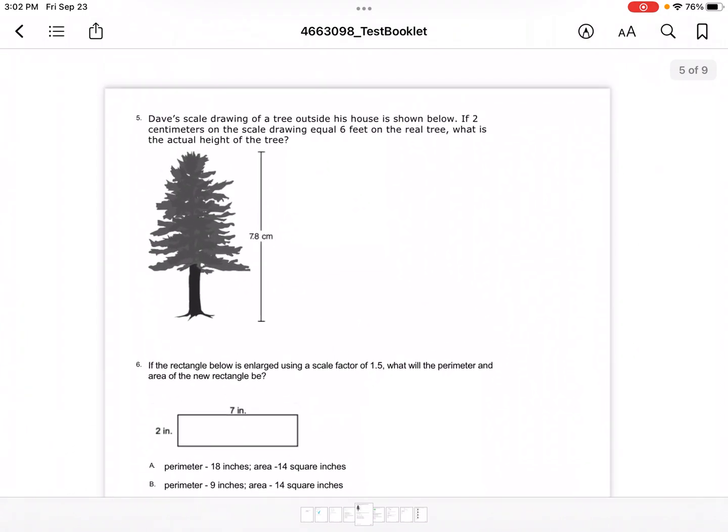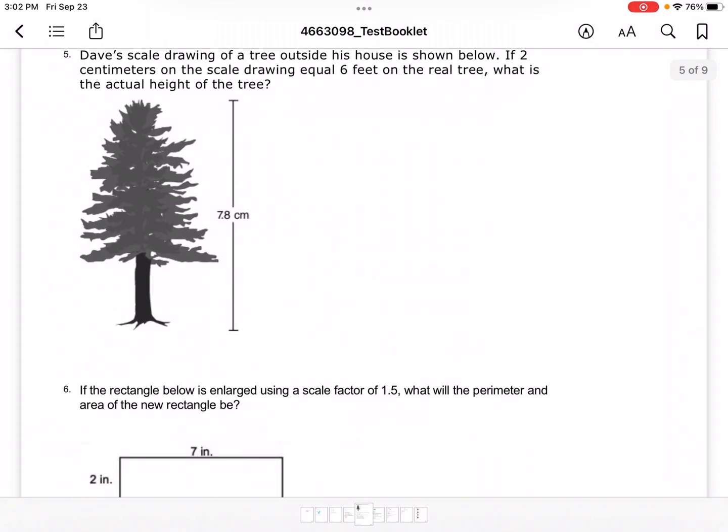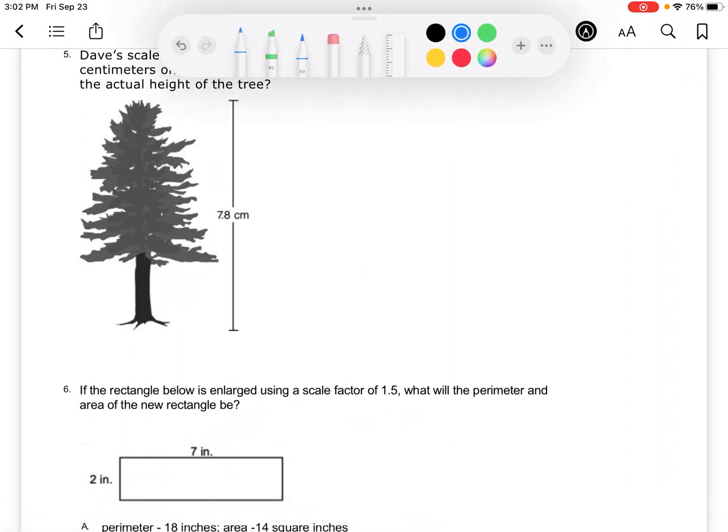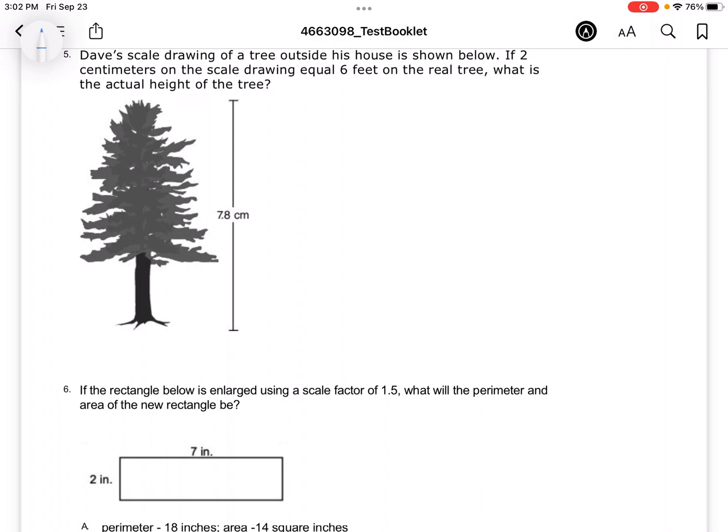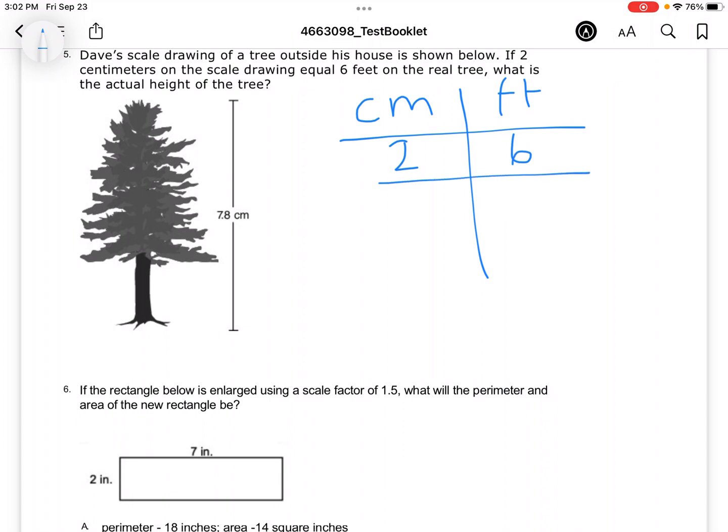All right, for this one, it was an open response question. They gave us a scale of 2 centimeters equal to 6 feet. I know that I have 7.8 centimeters.